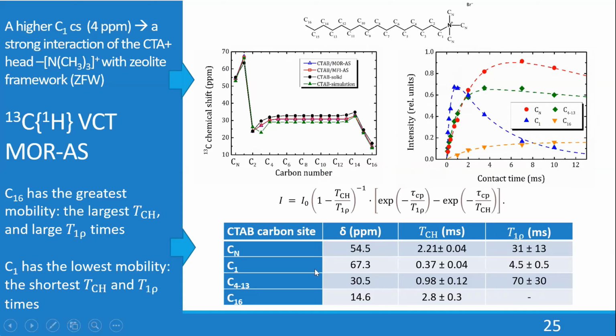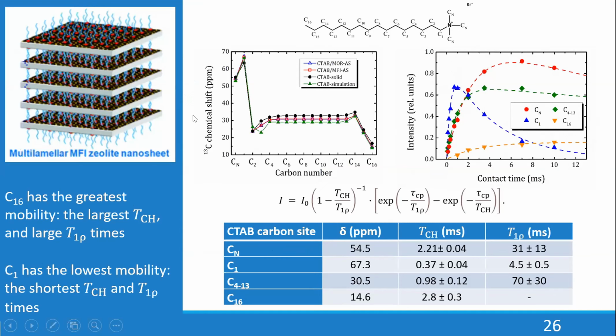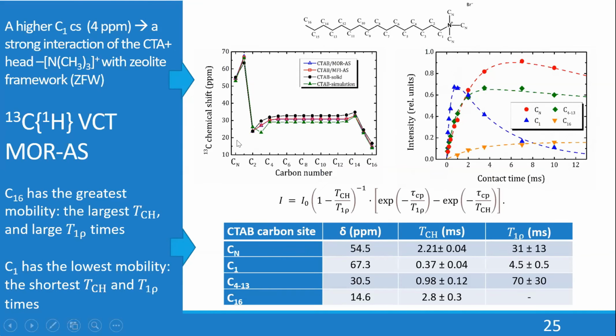From the fitting of these intensities by this equation, and from determining the parameters of this fitting, we can conclude that once again the tail carbons have greater mobility as compared to the head.